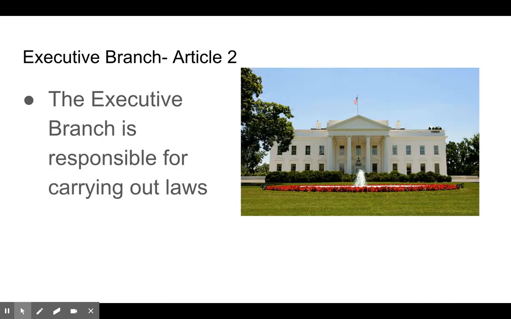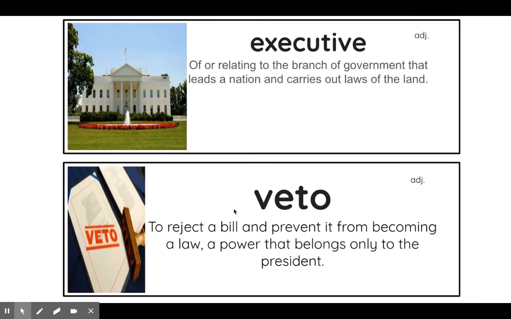Our next branch is the executive branch, and this is outlined in Article 2 of the Constitution. The executive branch is responsible for carrying out the laws, or making sure that they are followed and executed across all states. Now, the executive branch does have a power that other branches don't have.